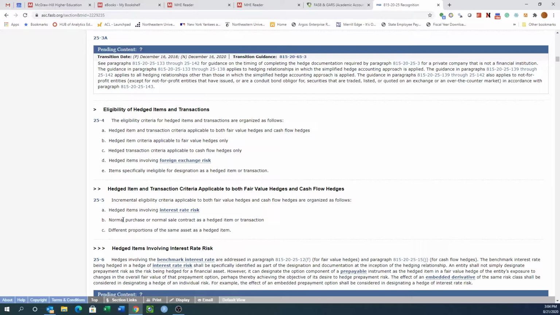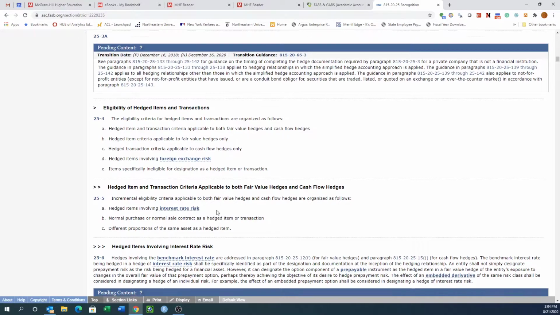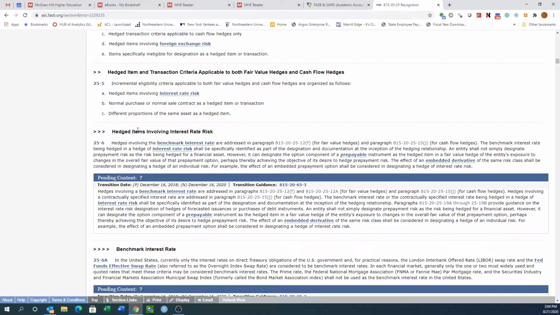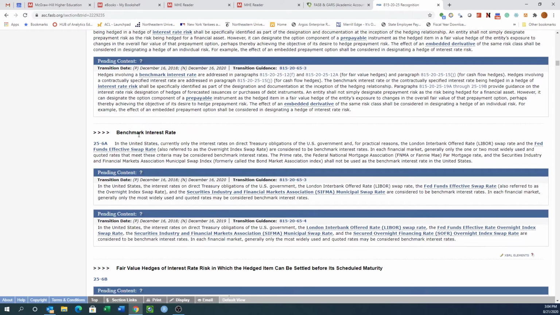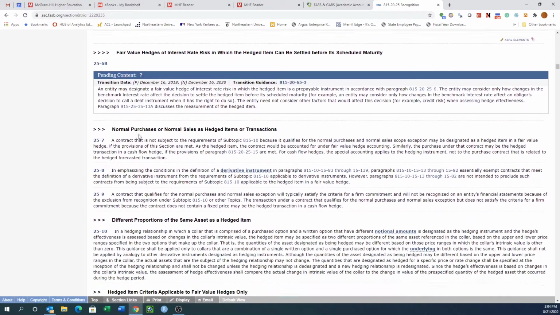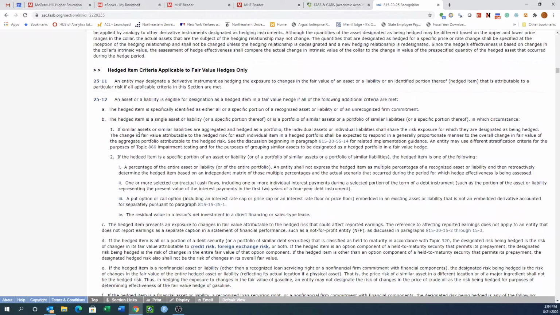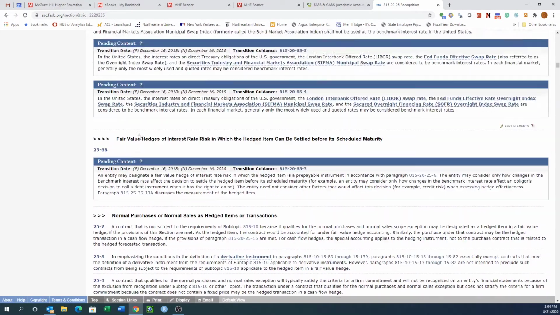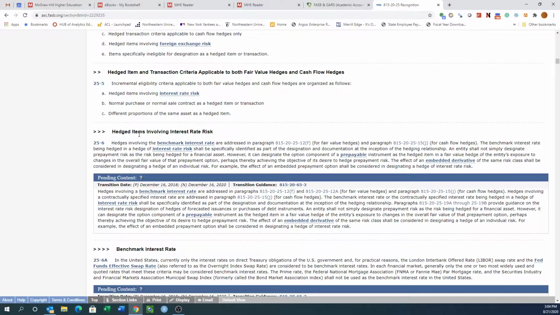So you can hedge a normal purchase and sale contract and different portions of the same asset as a hedged item. And then it goes on talking about hedged items involving interest rate risk, benchmark interest rates, et cetera, et cetera. So these are the things to make sure that what you're dealing with are appropriate hedged items.